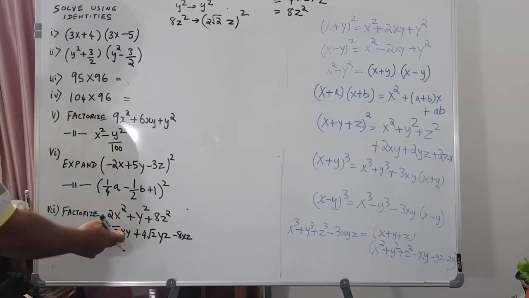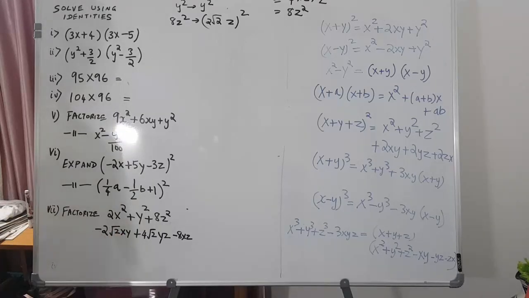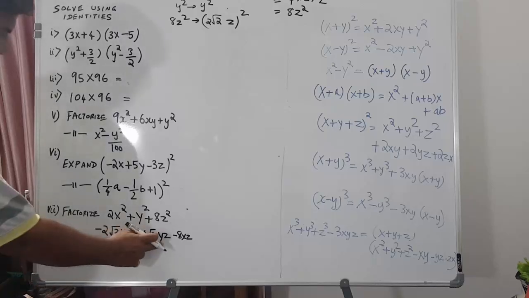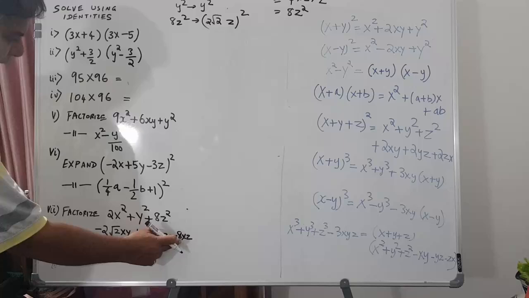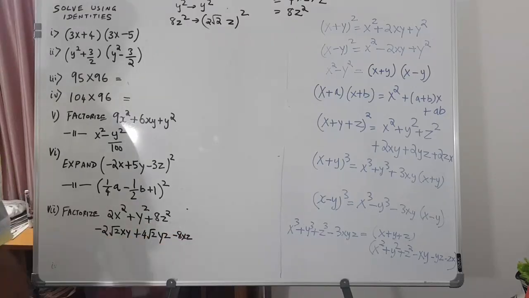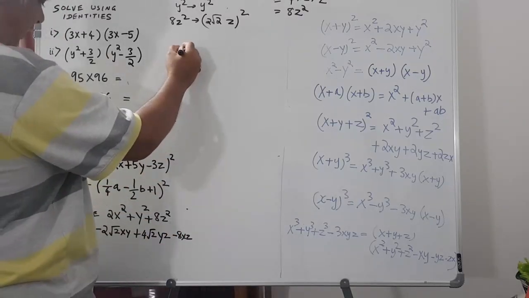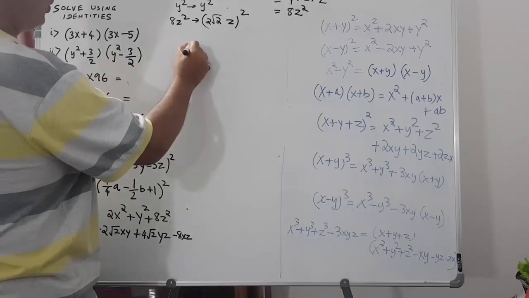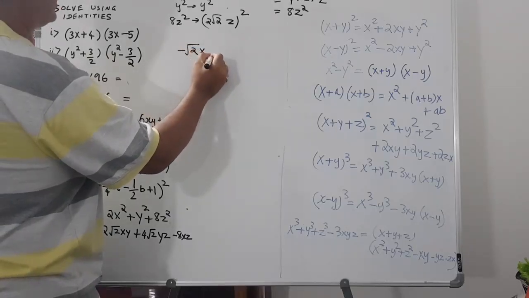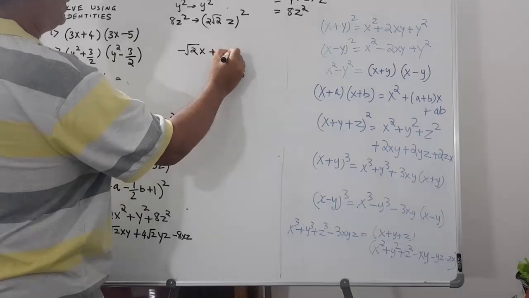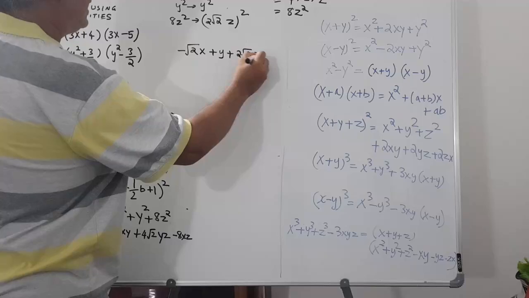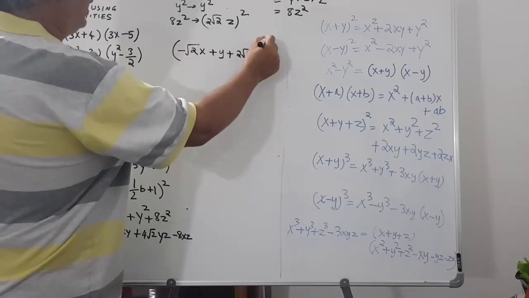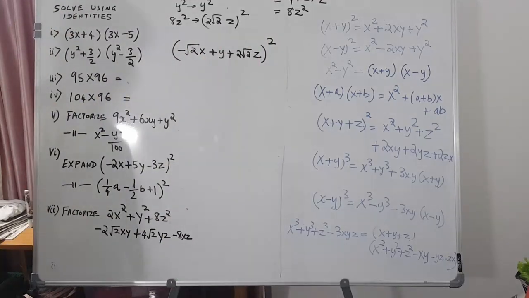So I think the minus sign should go with either x or y, but here the y and z terms are there, but there is no minus. So here x and z are there, so there is a minus term. This expression can be factored as minus root 2x plus y plus 2 root 2z whole squared. Okay, because it matches.